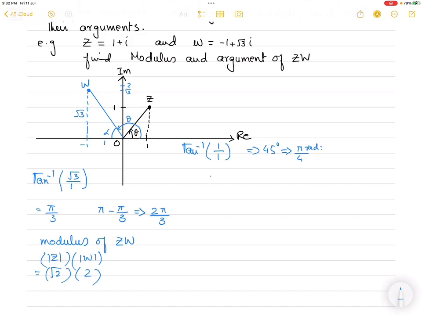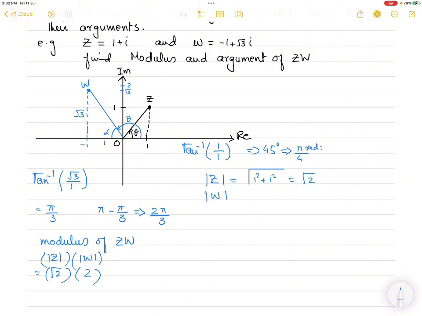Let me find the modulus of z. That is x square plus y square, 1 square plus 1 square whole under root. This is root 2.